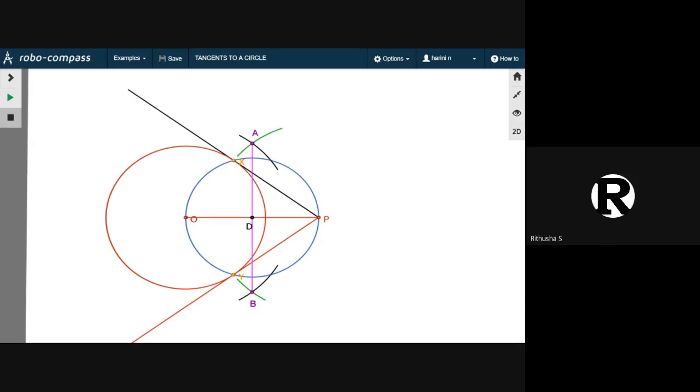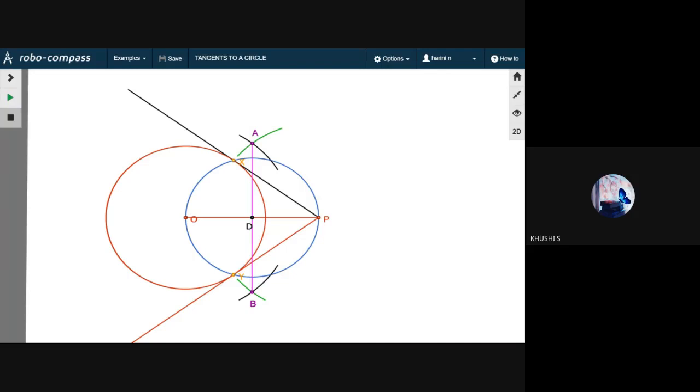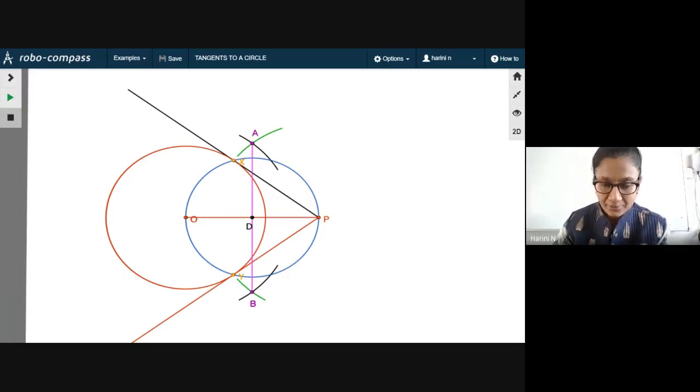Yes, ma'am. Second step. What's the second step? Locate a point P 10 centimeters away from the center. From O, you can say, because you've already fixed the center as O. Good.